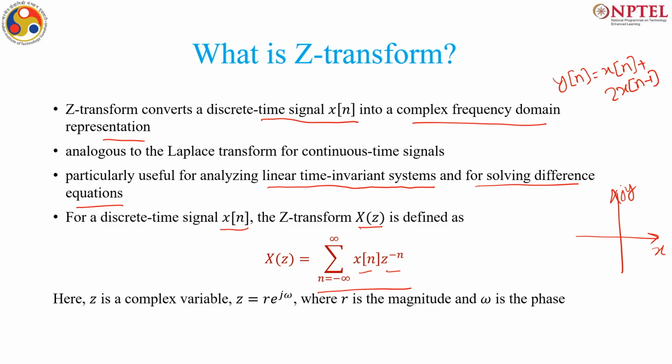But here we are more interested in the polar representation than this Cartesian representation, which is in the r omega form, where r is the magnitude and omega is the phase. Whenever you go radially outward from the origin, your r will increase, which represents the magnitude, and the phase omega will vary from 0 to 2 pi via a rotation.